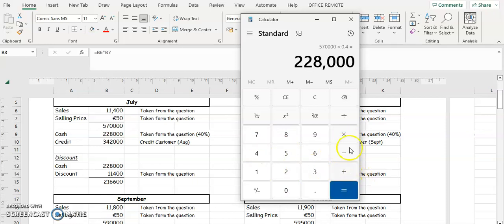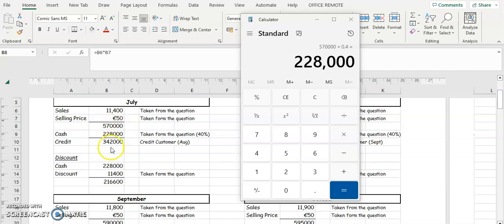That's going to tell us cash. So it's 228,000. That's for cash. Now we know of that 228,000, 5% is going to be discounted. So we're giving a discount to the people who've bought the products from us. If we take 228,000 from 570,000, we get 342,000.